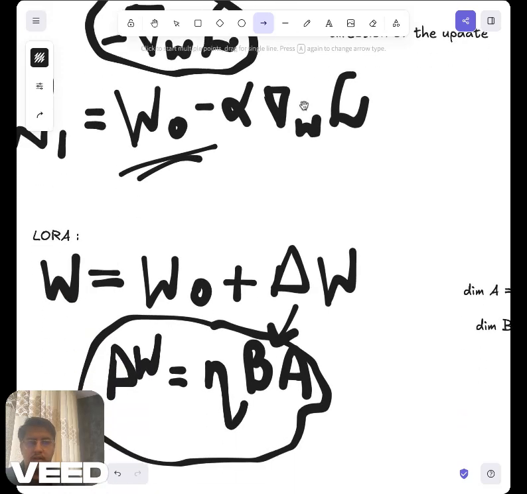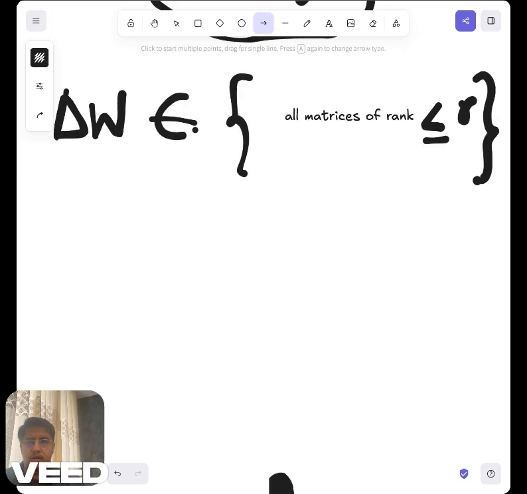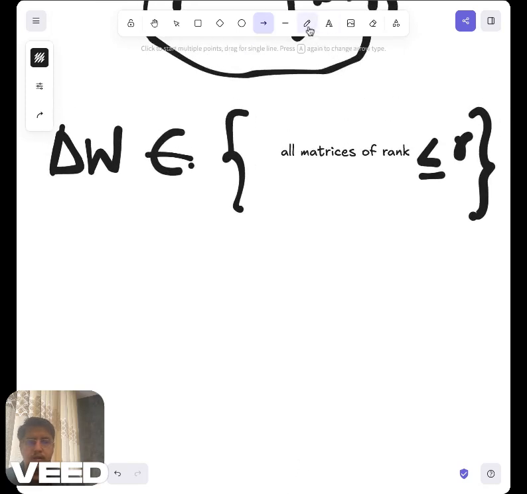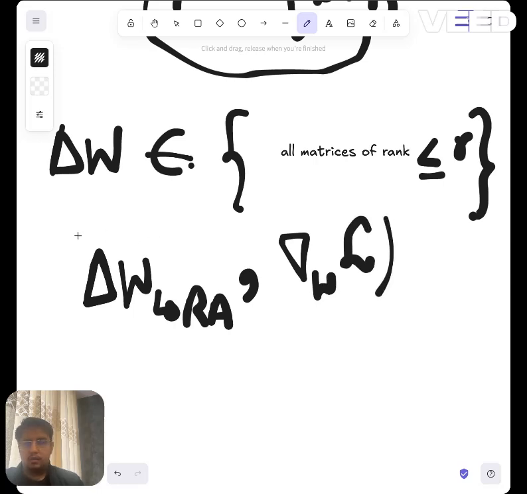So in terms of how we would want this to go, delta of W LoRa, I might just write LoRa as LR for an abbreviation, since that would be much easier, and the true gradient would end up being orthogonal, so this would be close to zero here.